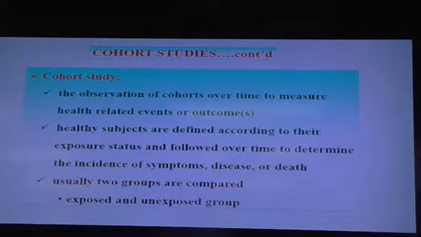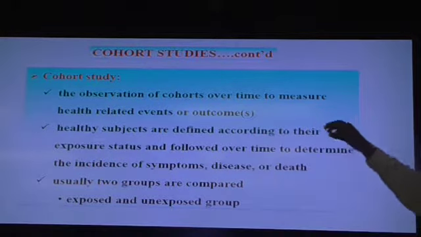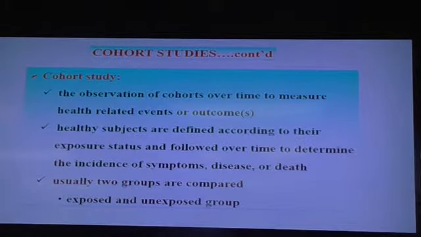Now, when we expand that into cohort study, it means the observation of a cohort over time to measure health-related events or outcomes. Cohort is a group similar in some trait. Cohort study means observing that cohort over time to measure health outcome.